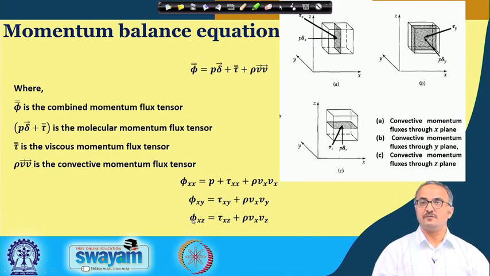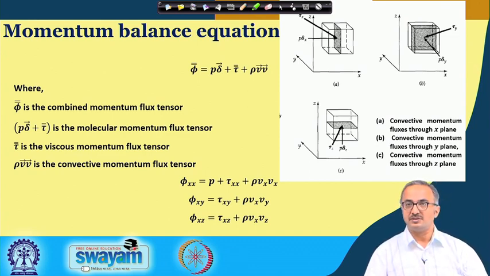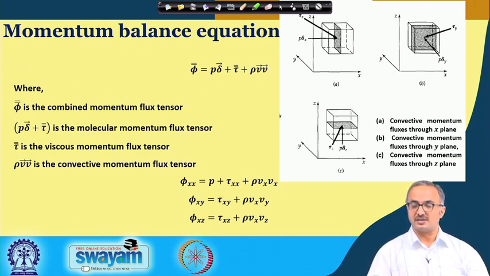So, in this way you will find that in the three coordinate directions you have this kind of a set of fluxes, and that will be due to the various types of velocity gradients you are having and the pressure changes occurring in the various coordinate directions.